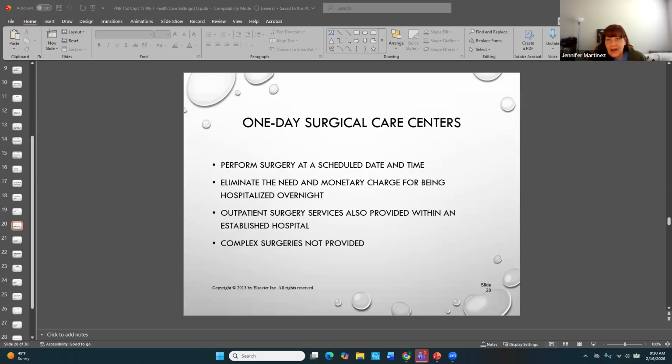If you need to have a heart valve repaired, or open a CABG, or some other complex surgery, you're not going to go to an ambulatory surgery center. These are surgeries where they can come in, usually don't have a whole lot of issues, and they can go home without any kind of serious concerns.